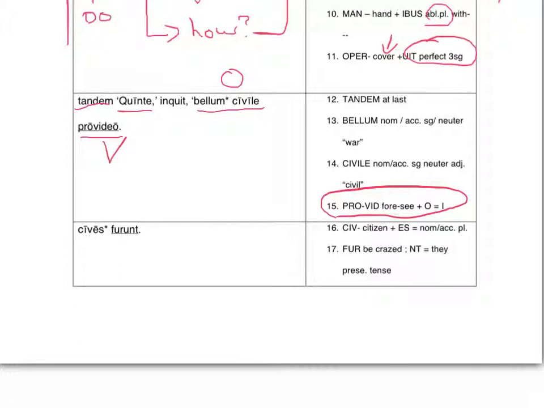So in English the subject will just be I, and then the verb, and then the object will be what you translate. Cives furunt. So the subject is cives and the verb is furunt, and there's no direct object after that. Present tense, furunt and provideo are both present tense because he's speaking in quotation.